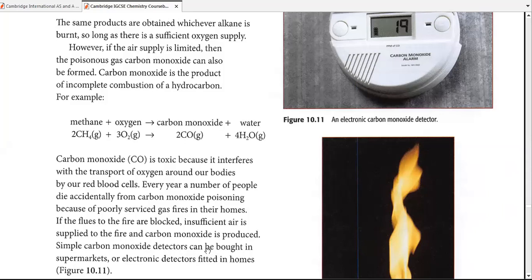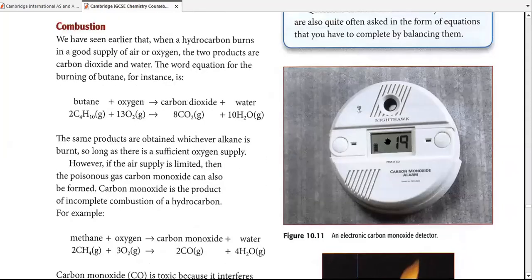Simple carbon monoxide detectors can be bought in supermarkets or electronic detectors fitted in homes. These detectors, the smoke detectors, are actually carbon monoxide alarms. They'll tell you that there is smoke nearby and the air is insufficient. If you're not going to stop that smoke, more and more carbon monoxide would be produced, which would become toxic and may kill you.